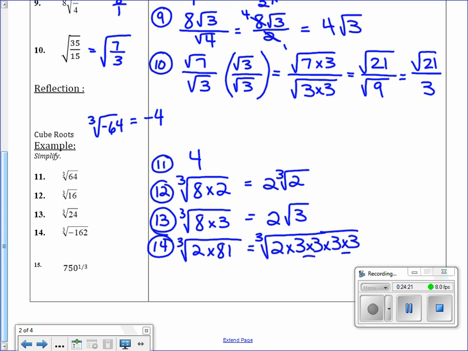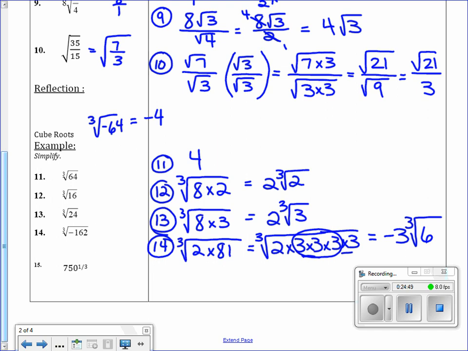Now I'm going to go ahead and pull out 3 of those 3's. So what I end up with as my answer is going to be negative 3 times the cube root of 6. Don't forget, ooh, I forgot that on the previous problem. We want to make sure that we include the cube root of 6.